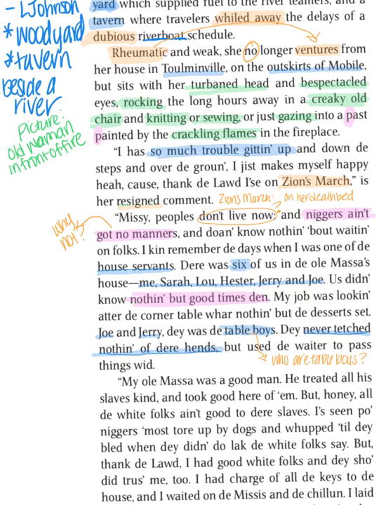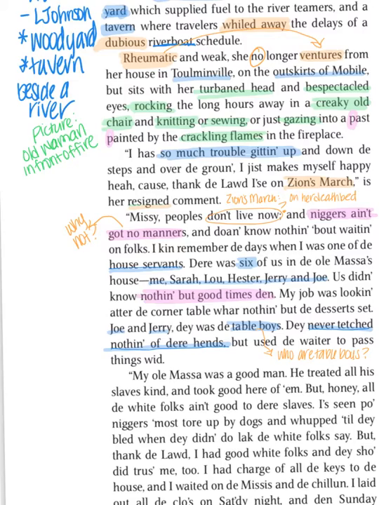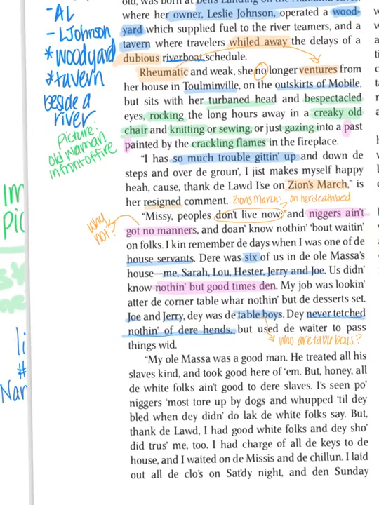Okay. "And they don't know nothing about waiting on folks. I can remember the days when I was one of the house servants and there was 6 of us." All right, so we need to make a note summarizing this. What's the main idea here? She's talking badly about other Black people. She's criticizing other fellow slaves.